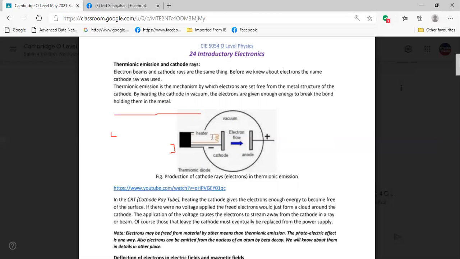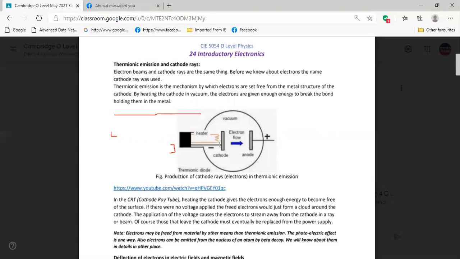Those free electrons will lose the bonding from the metal, and those will become free here. They are coming out. That place will be filled up by the cathode electrons. Is it clear to you?